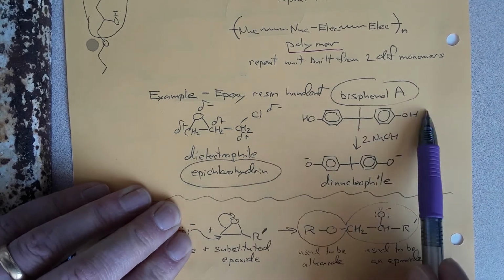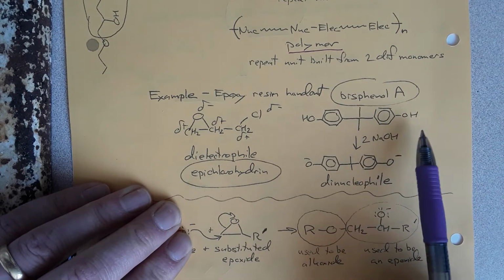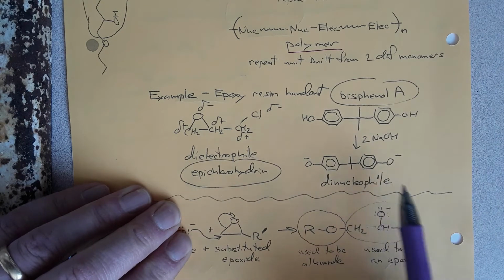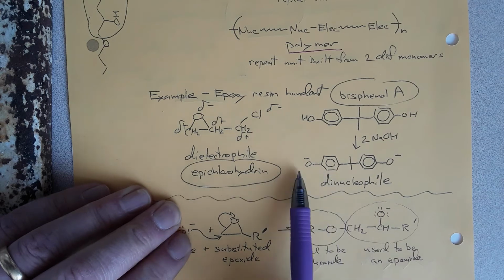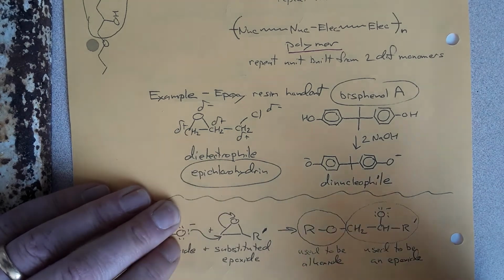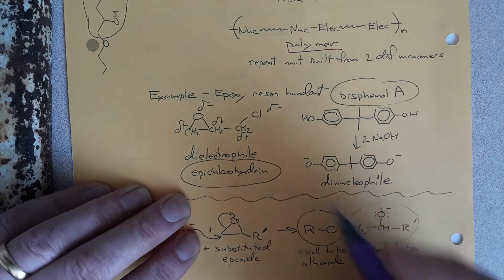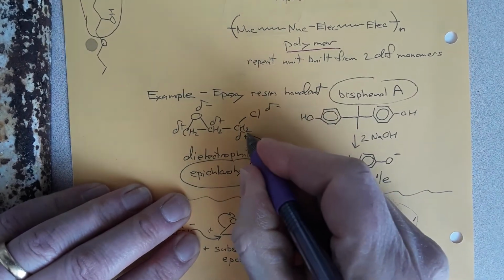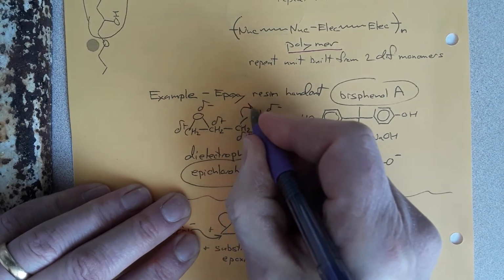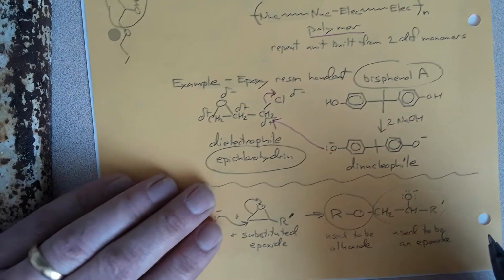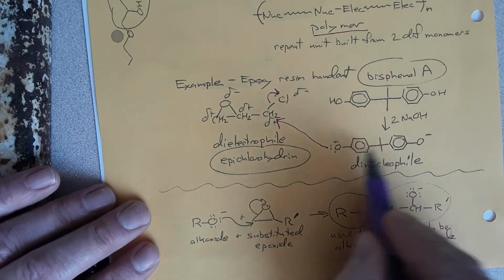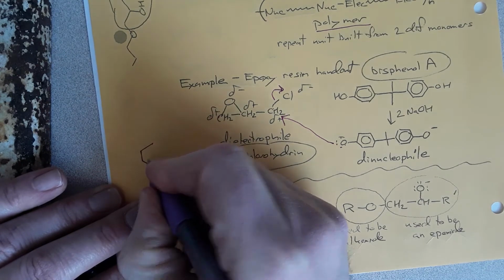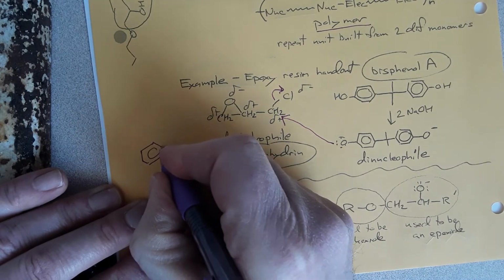It's a diphenol, and if we add 2 moles of sodium hydroxide, we deprotonate both ends and make it a good dinucleophile. So this dinucleophile then will react with this dielectrophile, and one end can react with this end that has a chlorine on it, and then another similar molecule can react with the epoxide end.